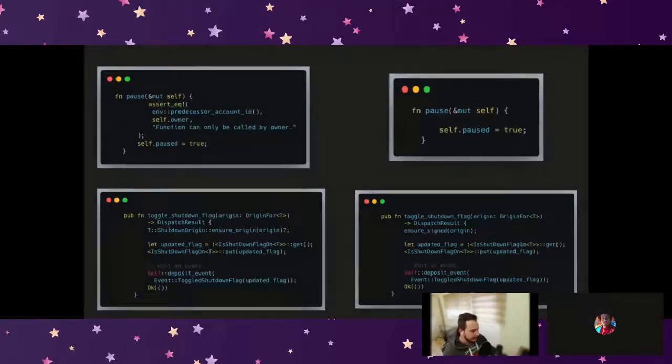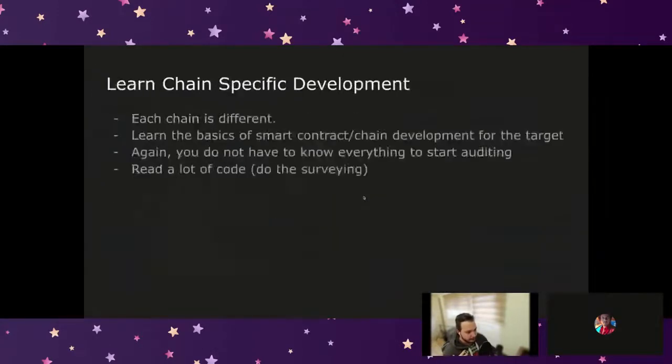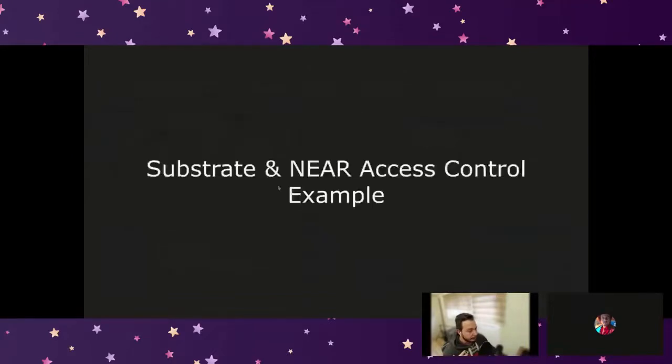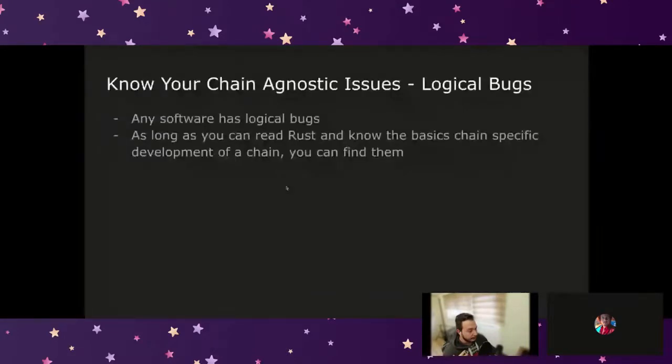If you already know how to find those, plus, as I mentioned before, knowing some Rust security issues, you're already in an amazing place. Another one, logical bugs. Any software has logical bugs.